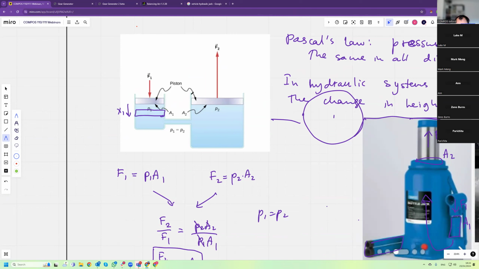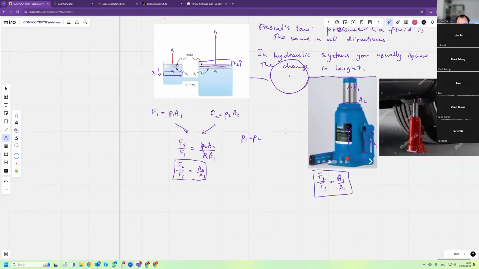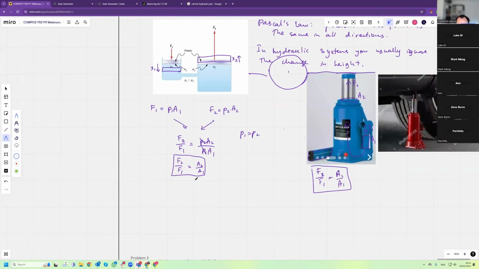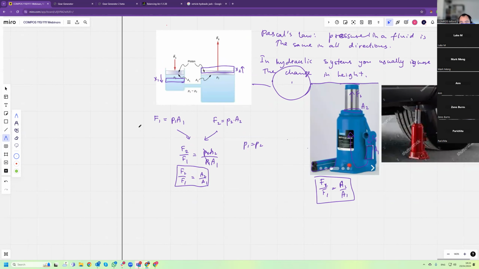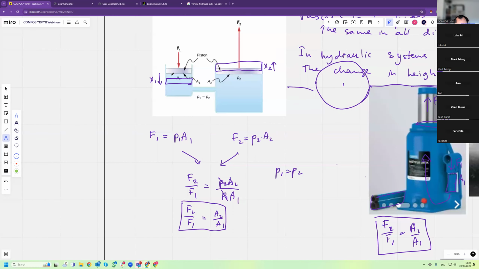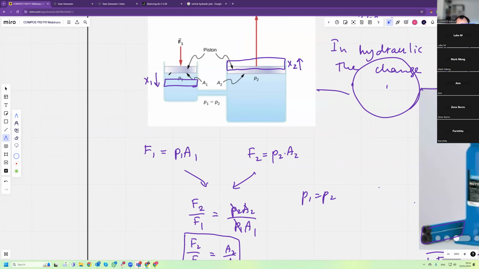And so the bigger piston will move up by x2 meters, right? Now, how do you work it out? Well, this pushes this volume of liquid, it's not water, usually some kind of oil. So this amount of liquid is displaced.